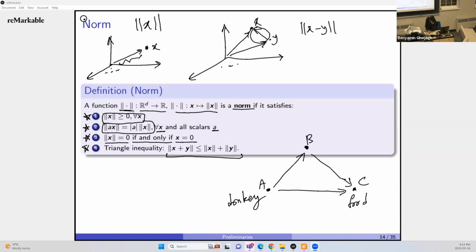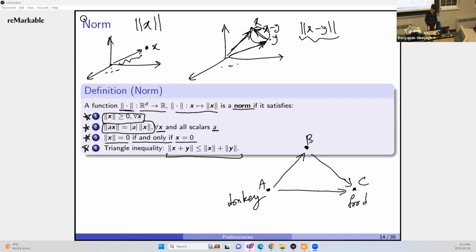So this is the vector x, this is the vector y, this is x minus y. And we know that the distance of x and y is exactly the length of this. So you can see it as the norm of x minus y. That's why you see the connection between distance and norm, because you can see distance as the norm of something minus the other one.